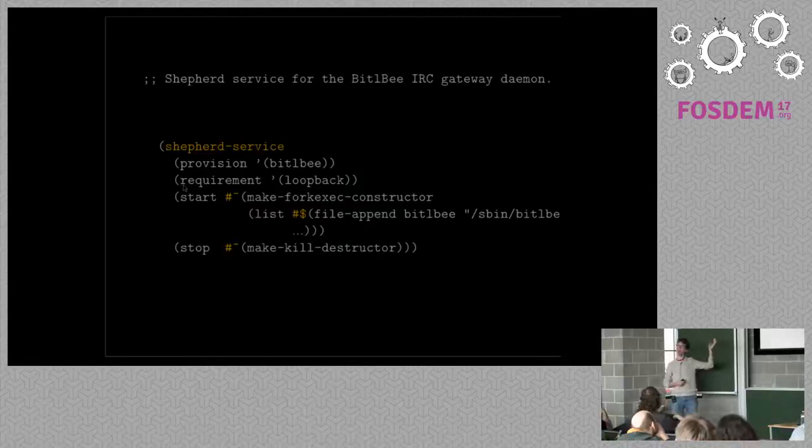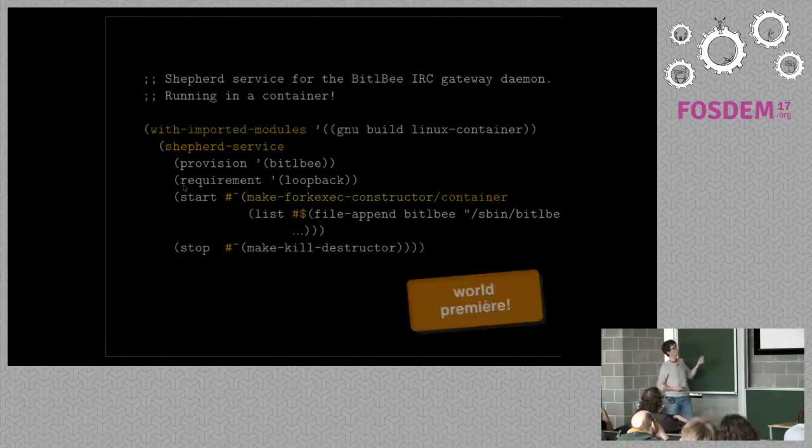The thing here is we want to be able to run BitlBee in a container so that at least we're reducing the attack surface. Well, we happen to have a container module in Guix itself, which is used for other things. And so why don't we just import it for that definition inside of the Shepherd so that we can run BitlBee inside a container? Well, that's what we are doing here. And it's a world premiere.